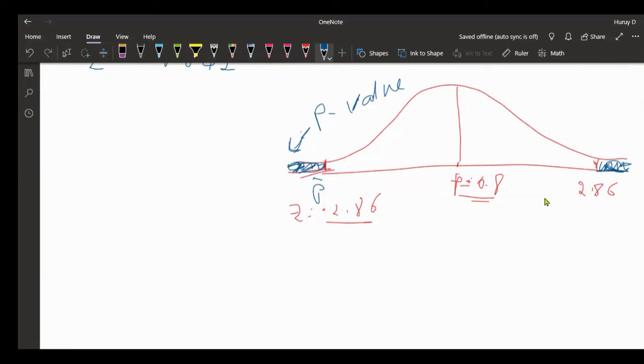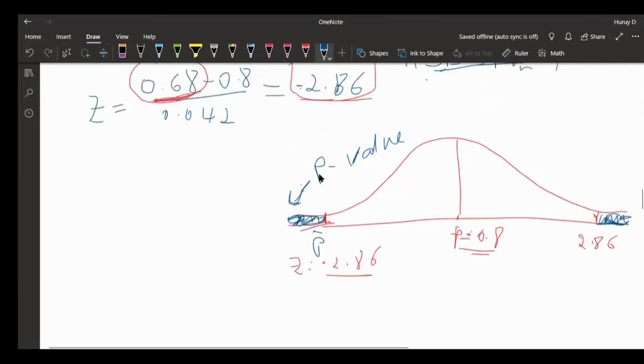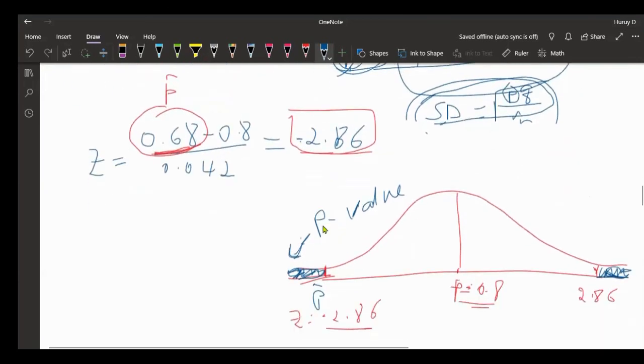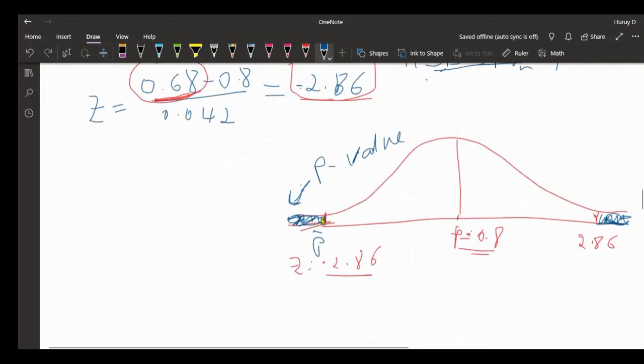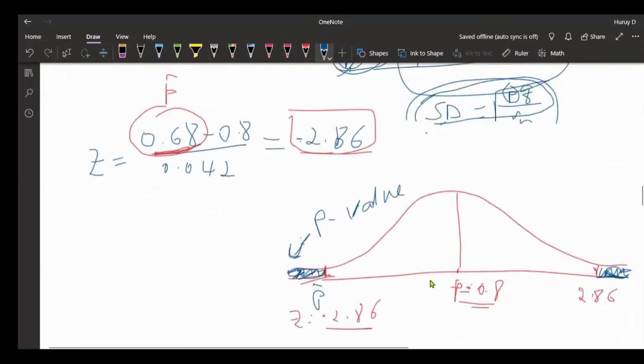The more unlikely it is, the further it goes from the center. Therefore, the p-value is the probability of seeing data like our sample, or more extreme or more unlikely data, given the null hypothesis is true, given the claimed value is true. So if this were true, then this is the probability of observing data like our sample, or more unlikely data.